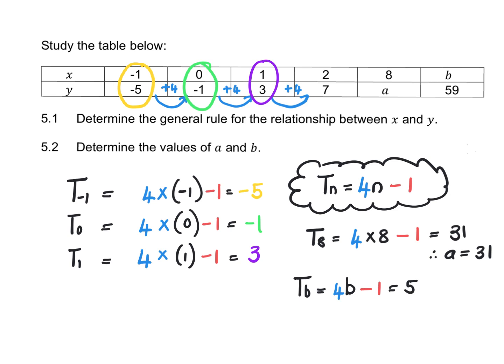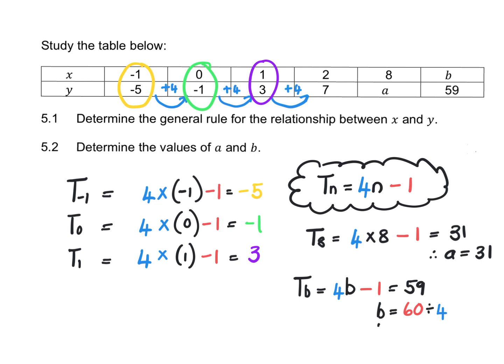If I have to work backwards, it means I'm going to say 59 plus 1, divided by 4. So 59 plus 1 is 60. And then 60 divided by 4 should give me my answer of what B is.